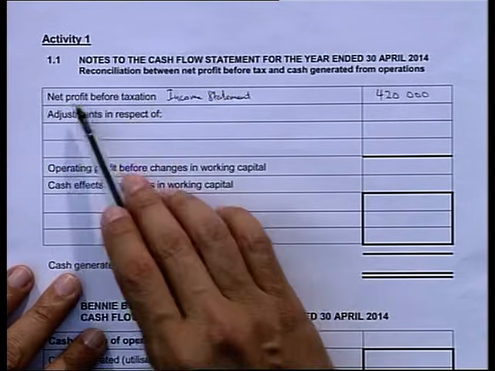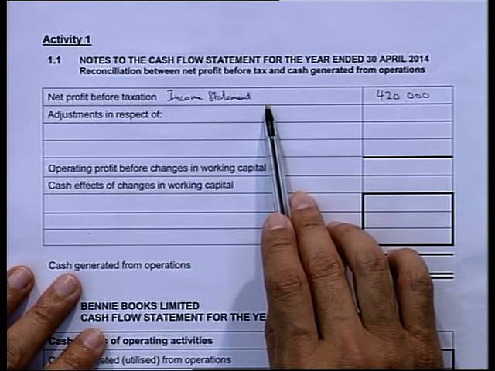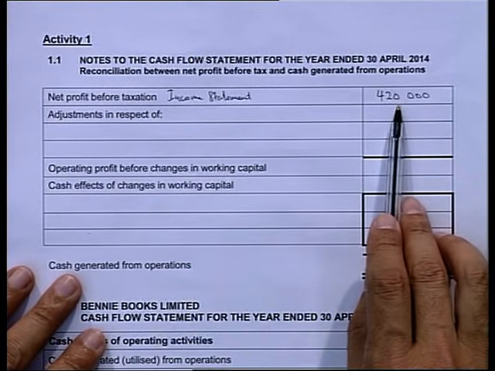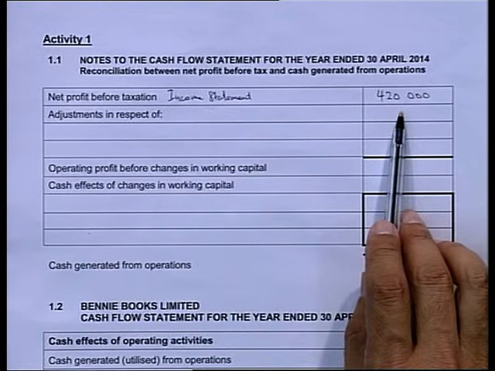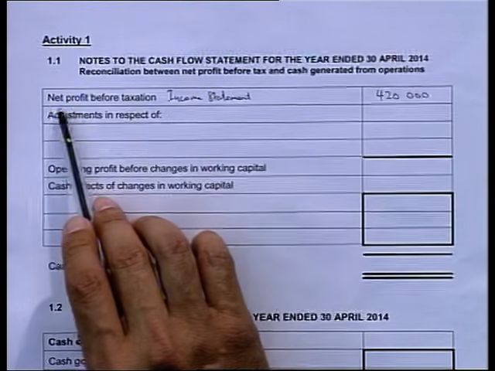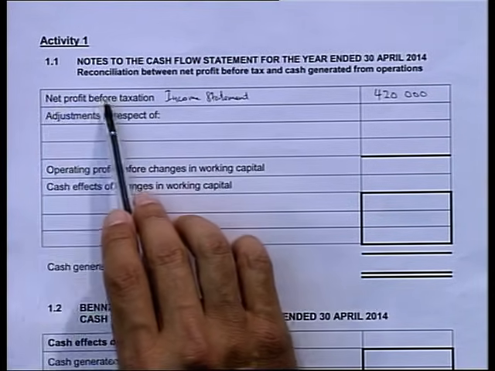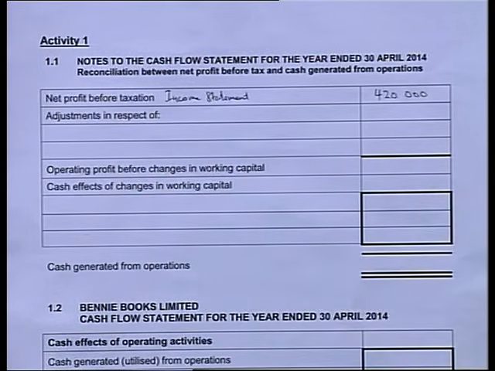So your net profit before tax is the item that comes from the income statement. Sometimes they give you the net profit after tax, then you're supposed to add the tax to get to net profit before tax. But in this example, it was straightforward. You just have to take the net profit before tax from the income statement and write it in.